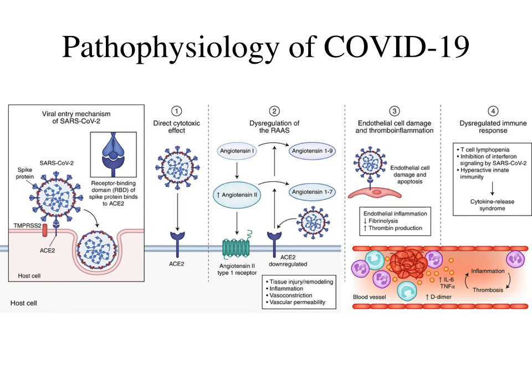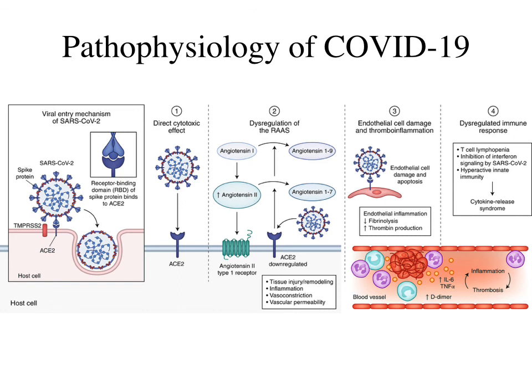SARS-CoV-2 enters host cells through the interaction of its spike protein with the entry receptor ACE2 in the presence of TMPRSS2 as a co-receptor. Proposed mechanisms for COVID-19 pathology include, first, just direct virus-mediated cell damage. Secondly, dysregulation of the renin-angiotensin-aldosterone system, or RAS. The RAS is a hormone system within the body that is essential for the regulation of blood pressure and fluid balance.